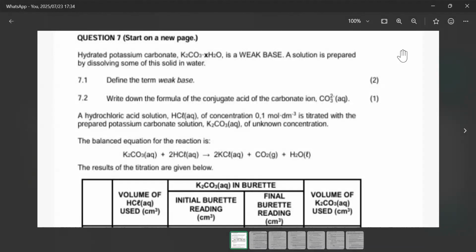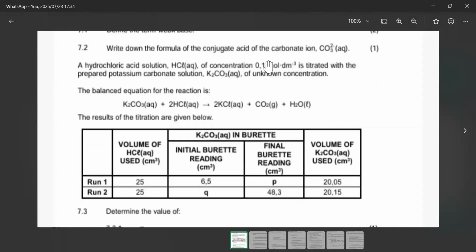So does anyone know what is the conjugate acid of this carbonate ion? You can just go ahead and turn on your microphone and tell us. Okay. No, no one has an idea, so we'll just pass it.